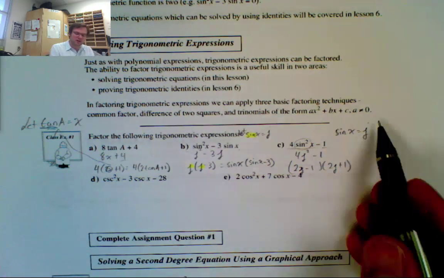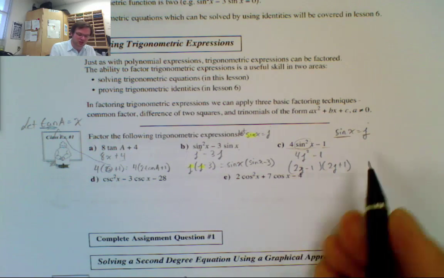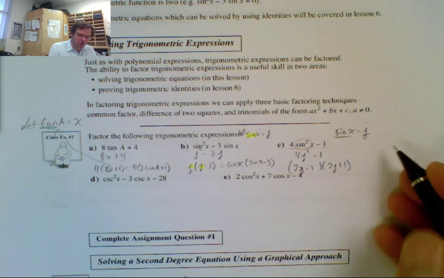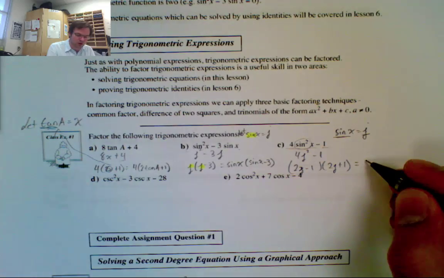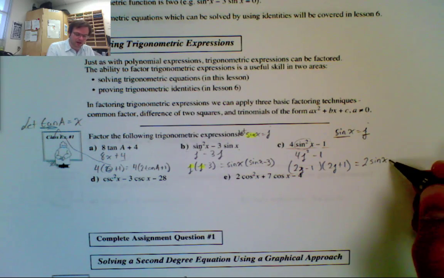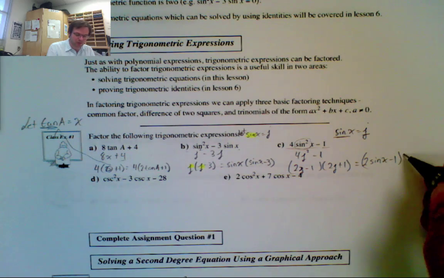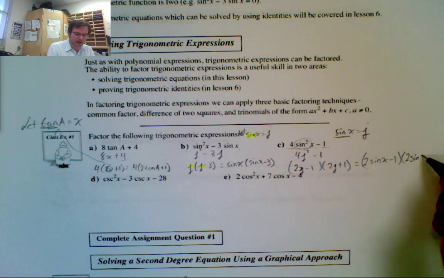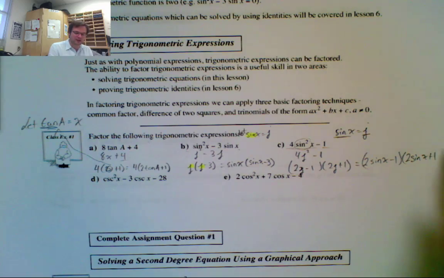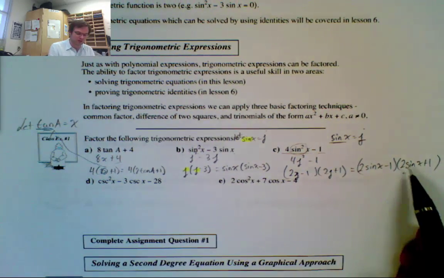And remember, we let sine x be j. So this is really equal to 2 sine x minus 1 multiplied by 2 sine x plus 1. All I did was plug in my j's and sine x's.